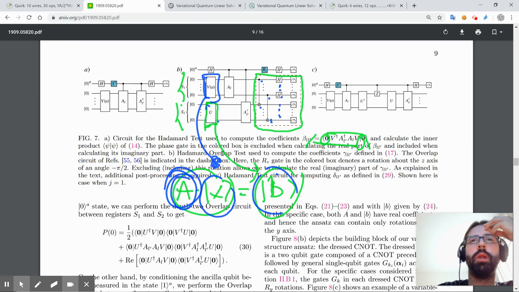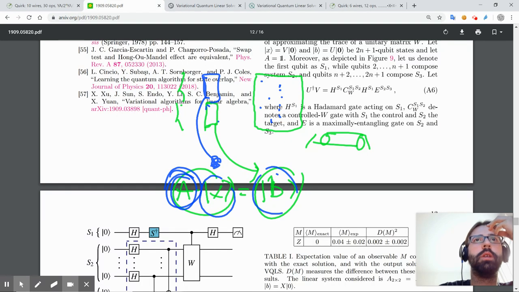The Hadamard overlap test used to compute the coefficients defined in 17. The overlap circuit of references 55 and 56. Swap test. Okay, that's a swap test.